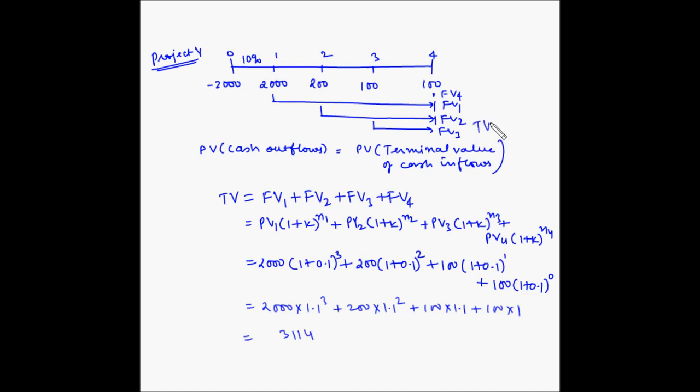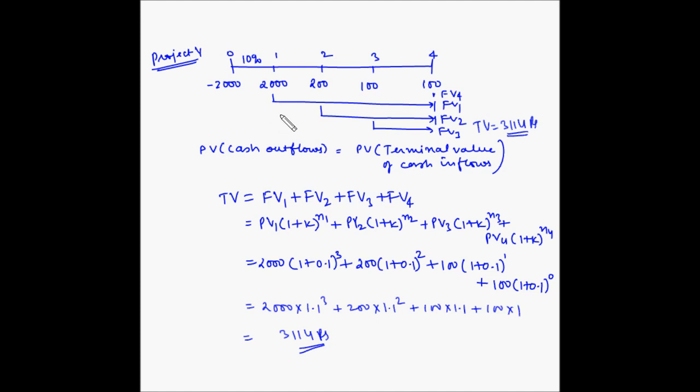So the terminal value is equal to 3114 rupees. Now we already have the present value of cash outflows, which is 2000 rupees. We have the terminal value of cash inflows. So now we have to find the rate at which the present value of cash outflows will be equal to the present value of the terminal value of cash inflows.